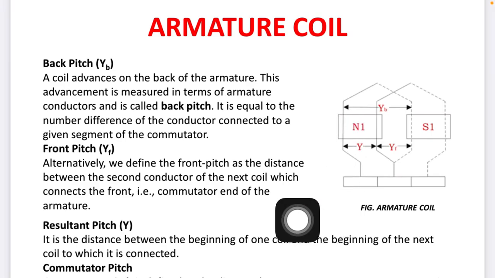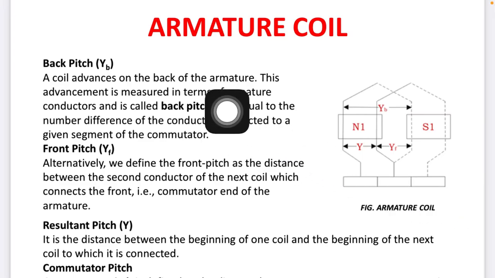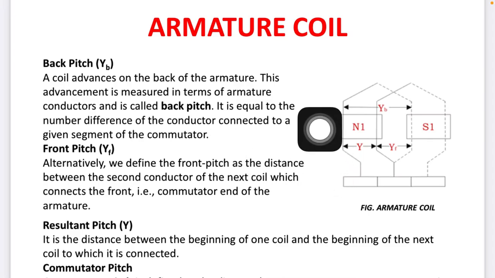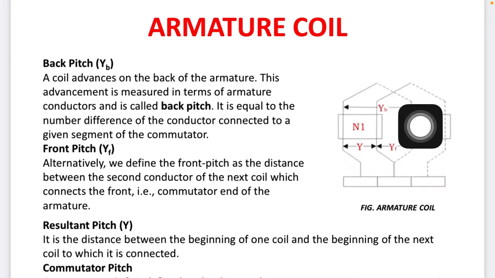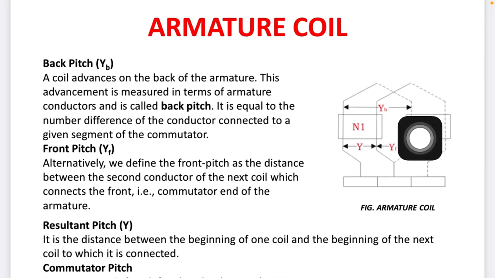By definition, the advancement of a coil on the back of the armature, measured in terms of armature conductors, is called the back pitch. You can see the start of the first coil and the end of the same coil; that distance is called the back pitch.